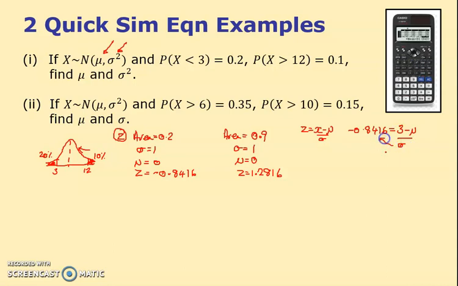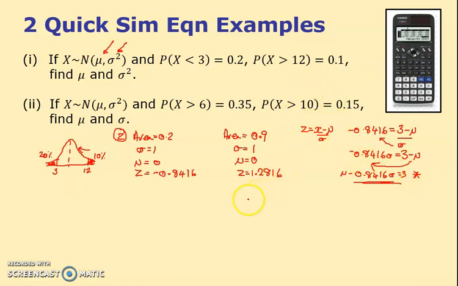And notice all I do is I move that over there. Minus 0.8416 sigma equals 3 minus mu. And if you've any sense about it, you'll move the mu over there and you'll get mu minus 0.8416 sigma equals 3. I say that because you want to set it into a standard way for simultaneous equations.